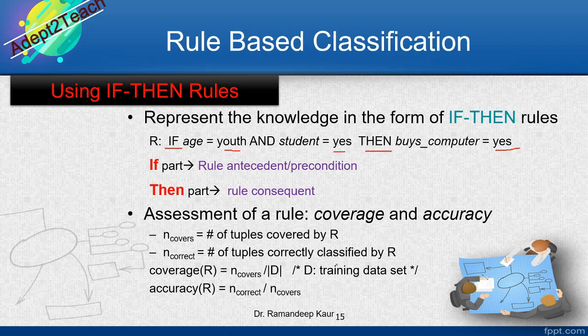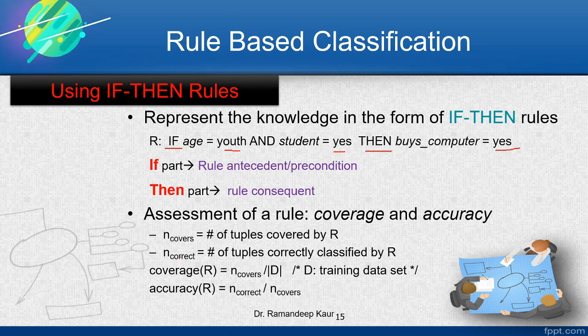Then how do we assess the rule? That means to what extent the rule we have made covers how many tuples, and what is the accuracy of our rule-based classification.